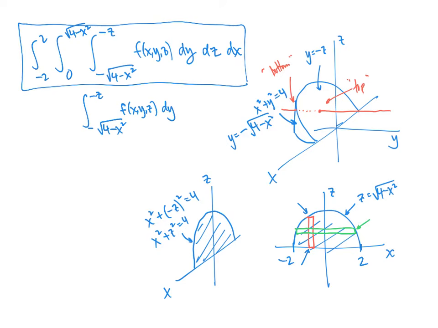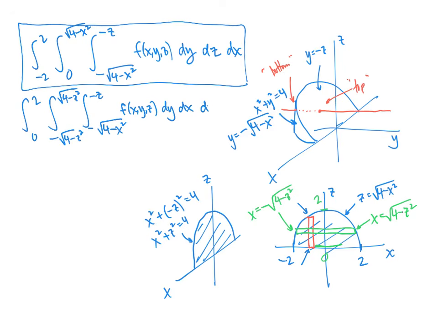So this top curve is x equals the square root of 4 minus z squared, and this bottom part of my slice is x equals negative the square root of 4 minus z squared. So that's my next integral, from negative the square root of 4 minus z squared to positive the square root of 4 minus z squared. And now z goes from 0 at the bottom to 2 at the top. And so my last integral is from 0 to 2, and that's a dz integral.